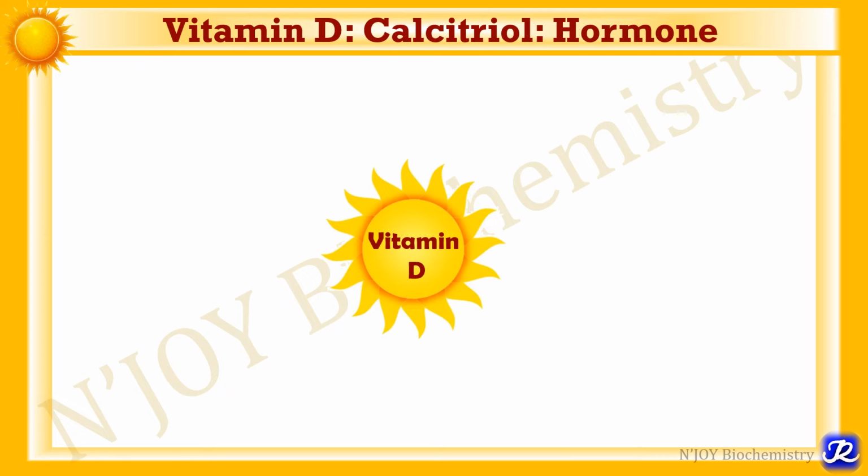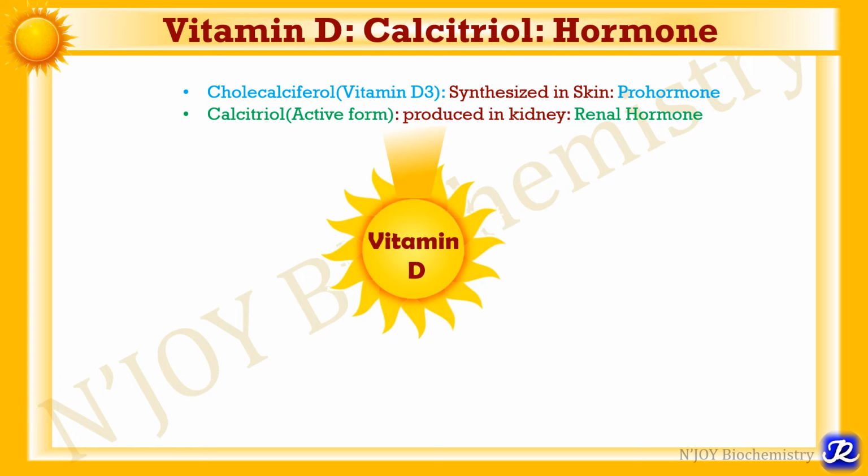Now this active form of vitamin D, calcitriol, is not considered as a vitamin, it is considered as a hormone. Why is it considered as a hormone? Because this vitamin D3, cholecalciferol, is synthesized in the skin from 7-dehydrocholesterol, that is the prohormone, and the calcitriol, which is the active form, is produced in the kidney, so it can be considered as a renal hormone.